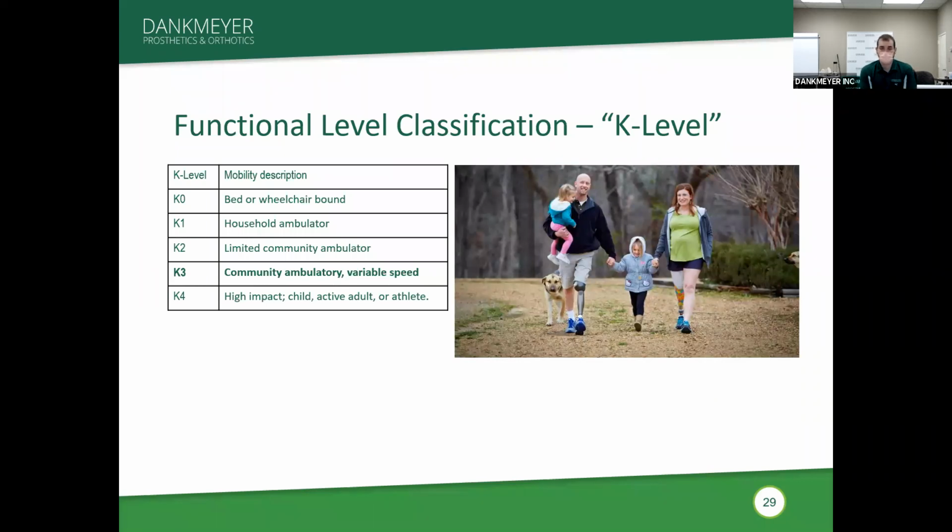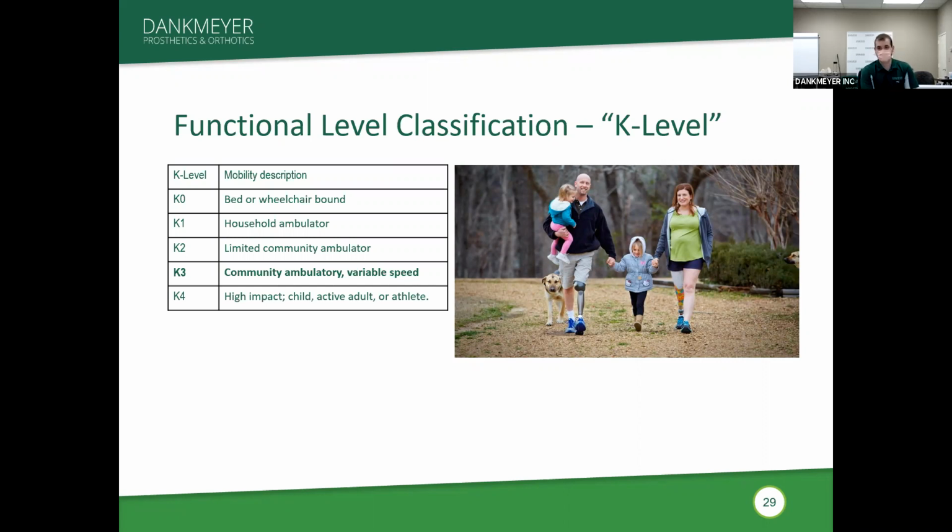Functional level 3 gets to your community ambulator. Again, the key terminology here is ambulating over uneven terrain and at variable cadence, variable speed. They're able to walk fast, they're able to walk slow, and their typical day would demand that they do that. They're typically unlimited in their community ambulation.